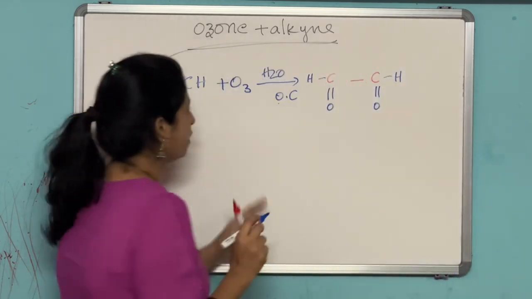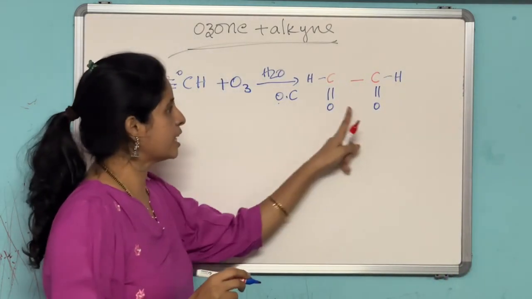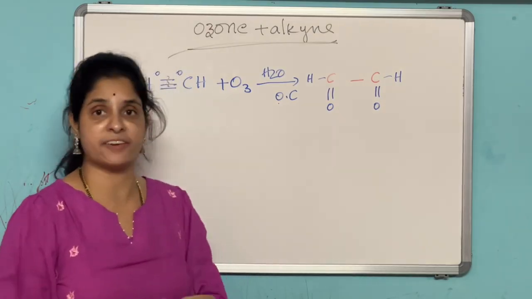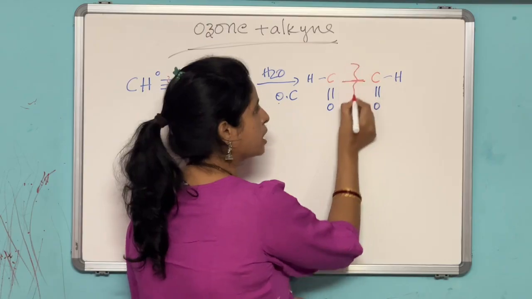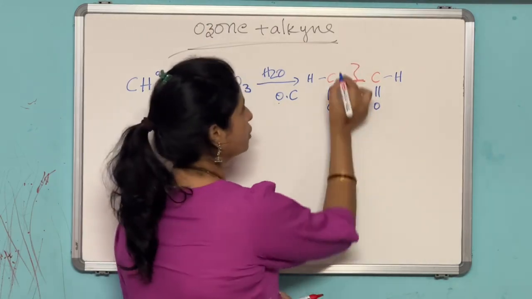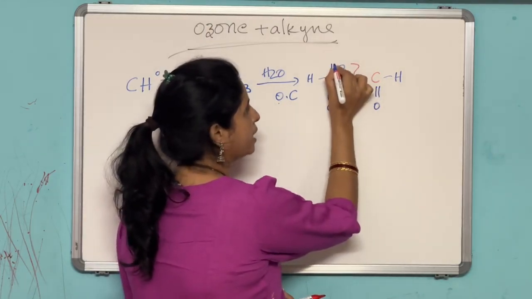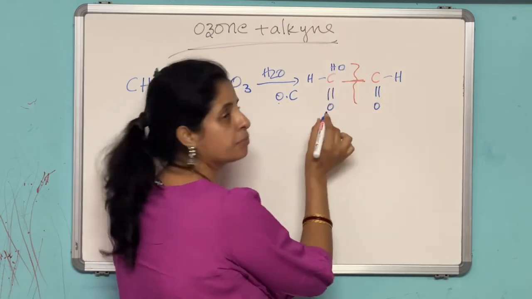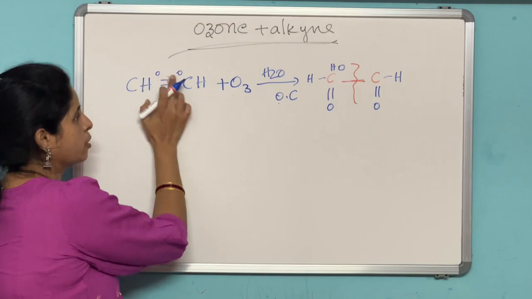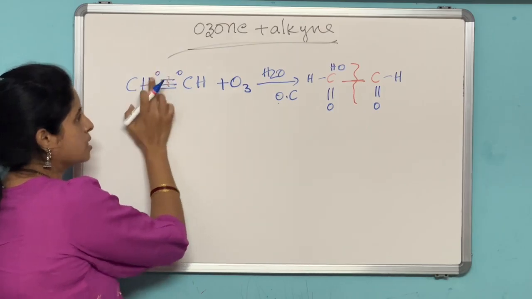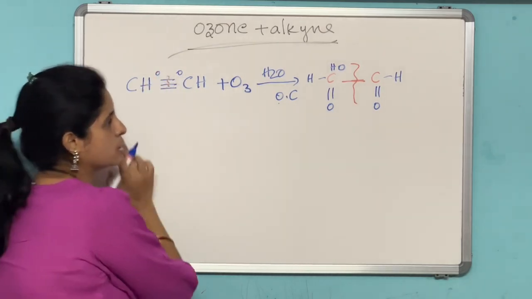Okay. So if under these conditions it further undergoes oxidative cleavage, here breakage of this bond, and here it breaks to acid. Instead of the triple bond, you break the triple bond, 1 oxygen to this carbon, 1 oxygen to this carbon.